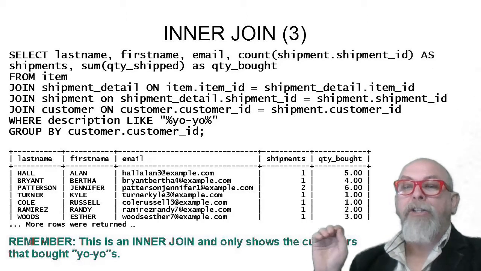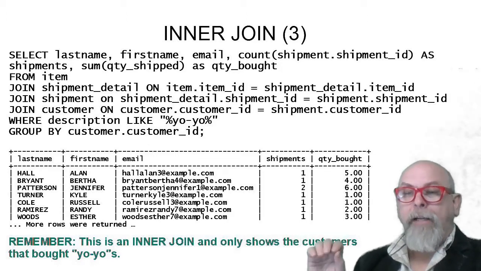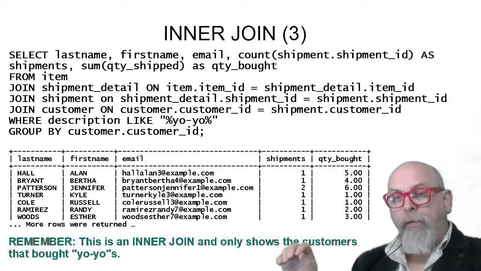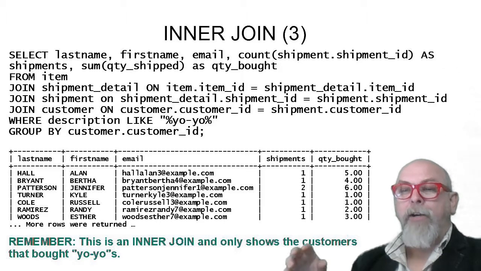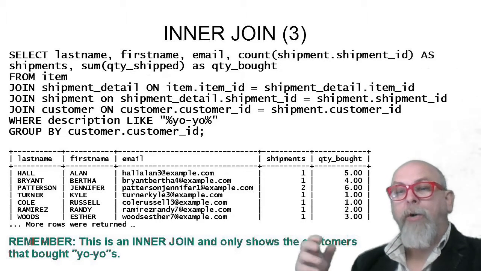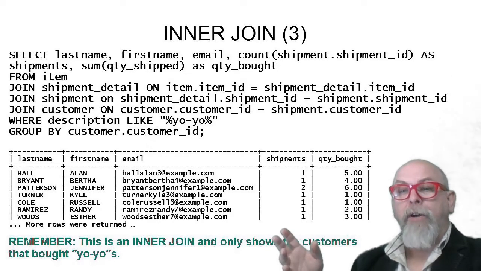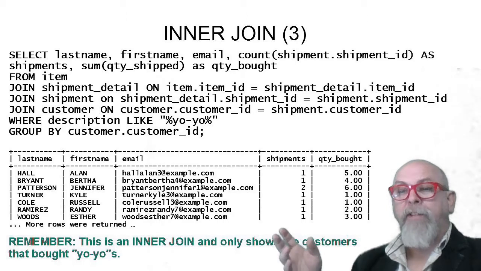Then we're going to get shipments only for shipment details for only yo-yo items. And then we're going to get only customers that are on only shipments that are for only details that contain yo-yos. Now, a shipment may contain yo-yos and other things, but the question was, show us the number of shipments of yo-yos we've made and the number of yo-yos each of these customers have bought.